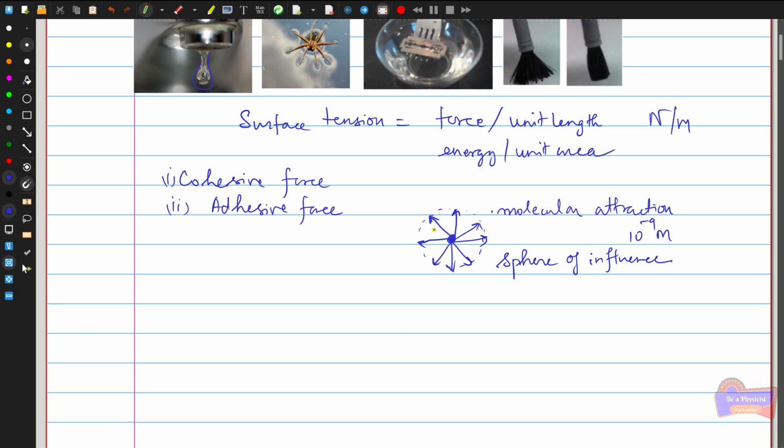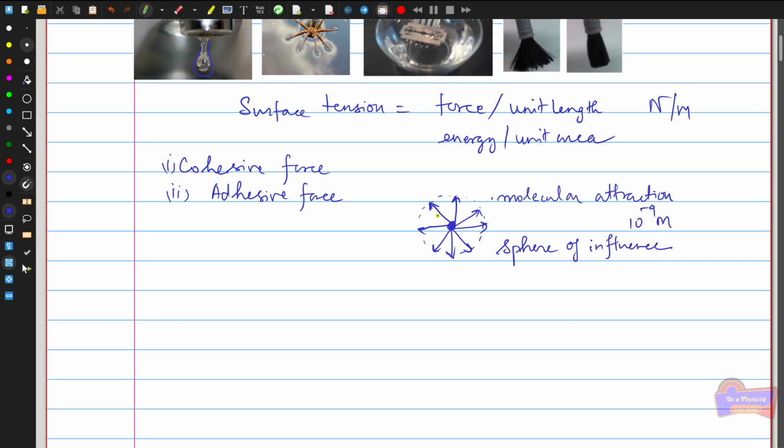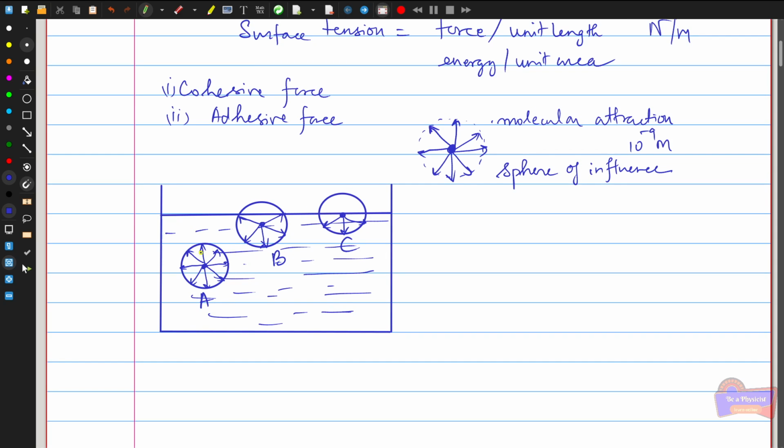One can explain surface tension using the molecular theory. Consider three molecules A, B, C in water, in the liquid, such that molecule A is well inside the liquid, and molecule B is close to the surface, but most of its sphere is inside the liquid.